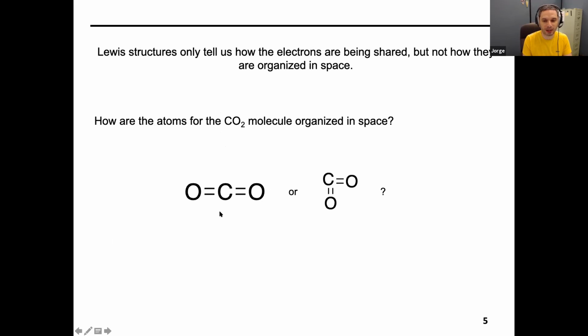Is it a linear shape, or a right-angled shape? And that's the goal for this chapter: to determine which arrangement is the most stable and the one that the molecule will prefer.